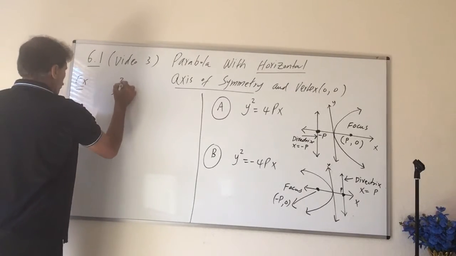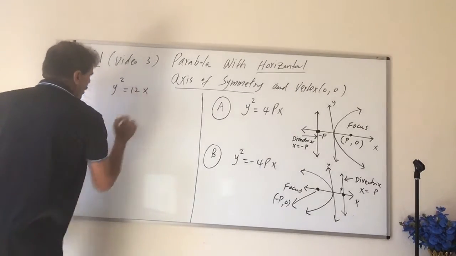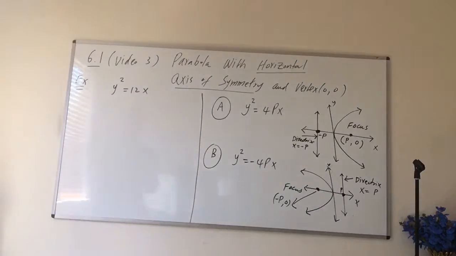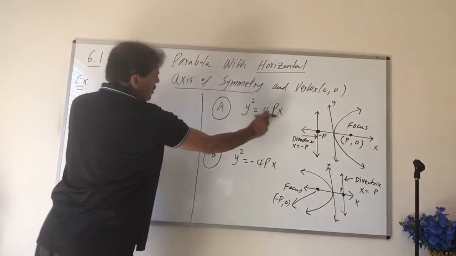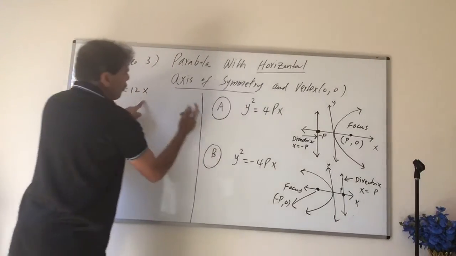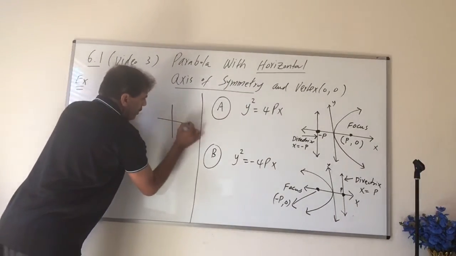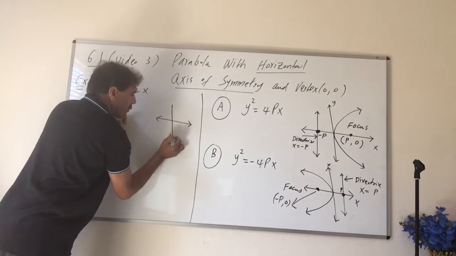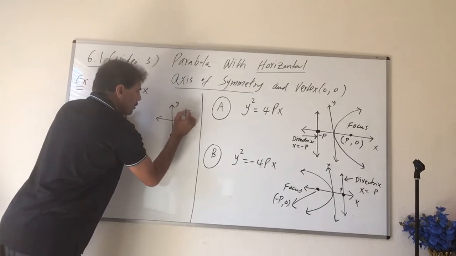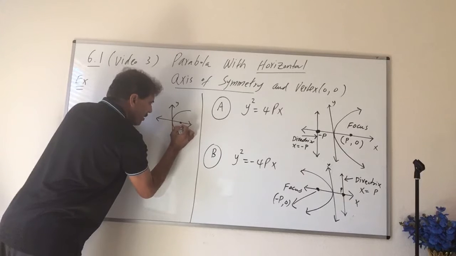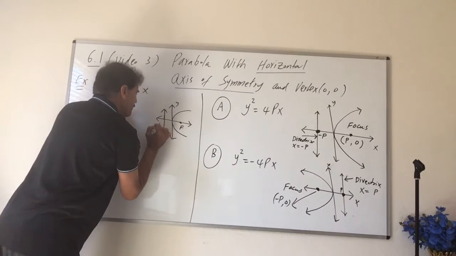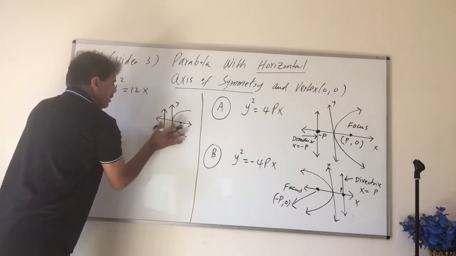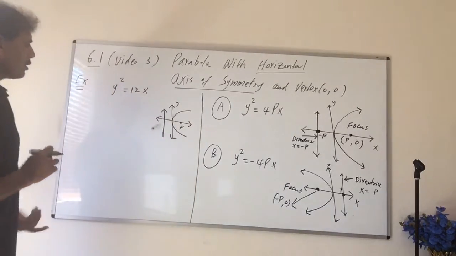Here is the example: y squared equals 12x. He's asking you to find all that information. Now, y squared is positive, so we know your graph is going to look like this, opening to the right. This is the focus, and this line here is the directrix.